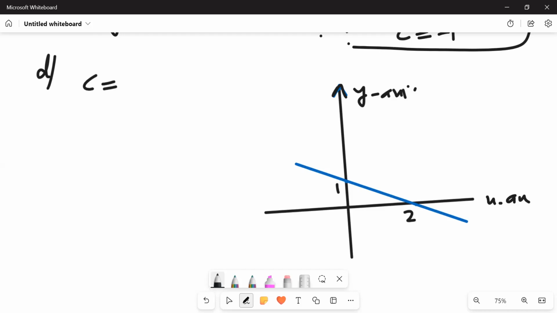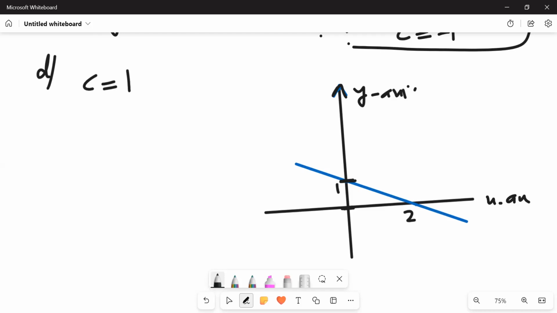So the distance from the origin to that point is 1, and c is that point. So the c value is 1.